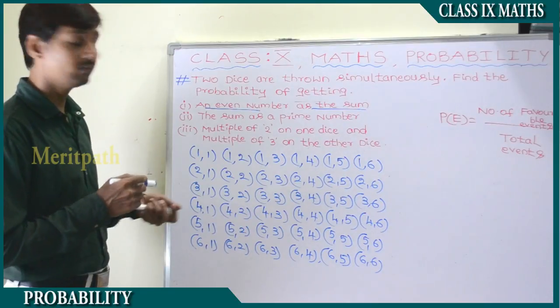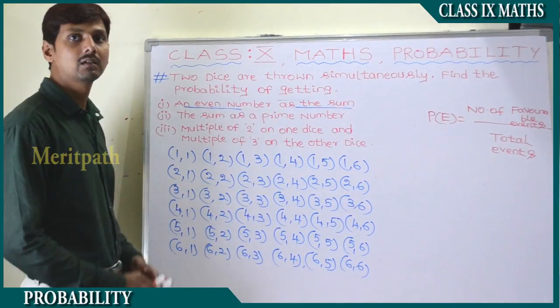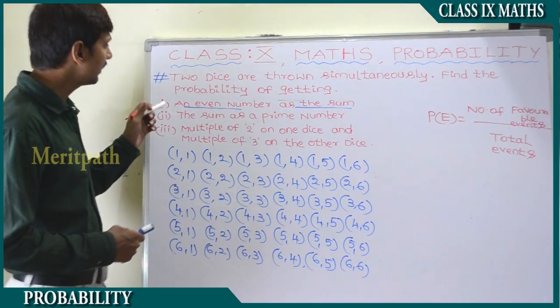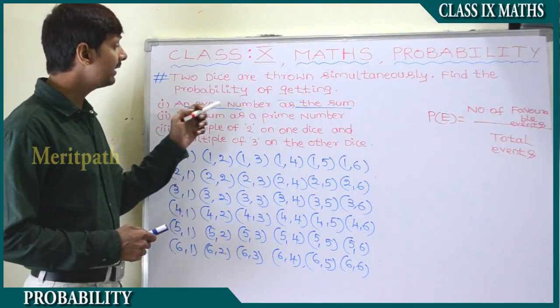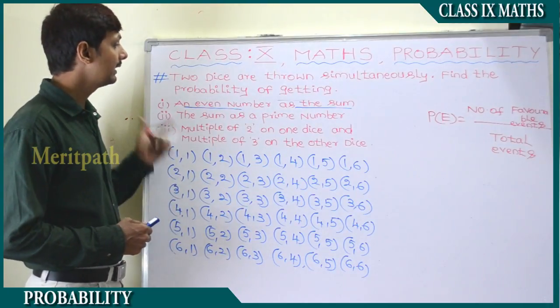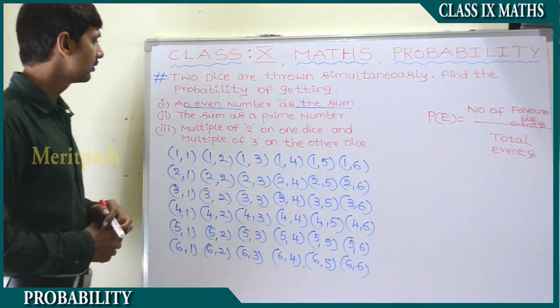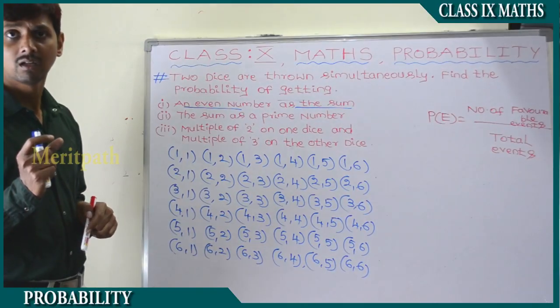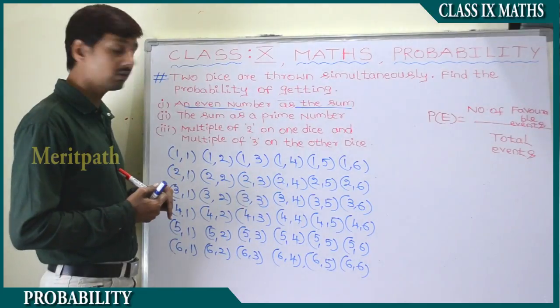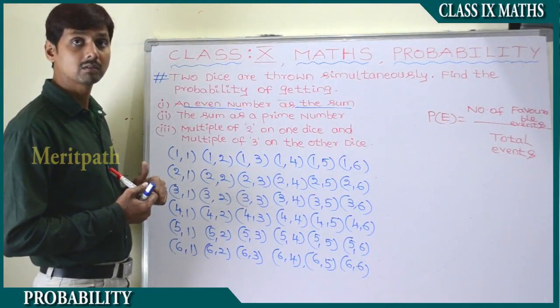It's given that in these 36 events, we need to find the events with an even number as a sum, including both dice.